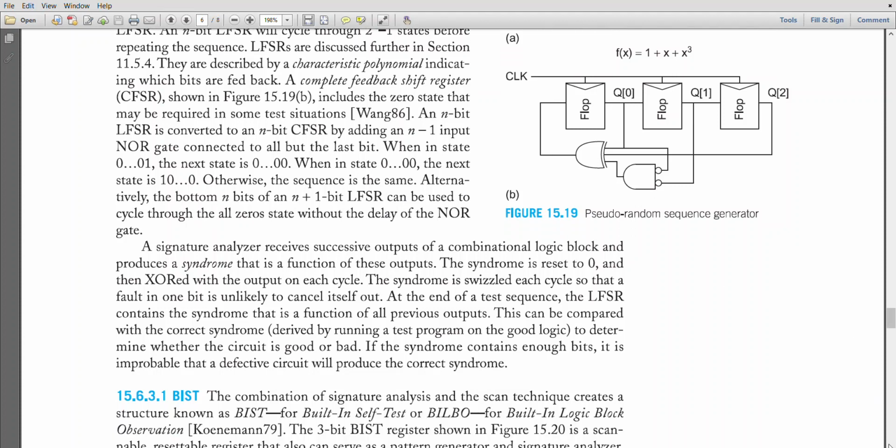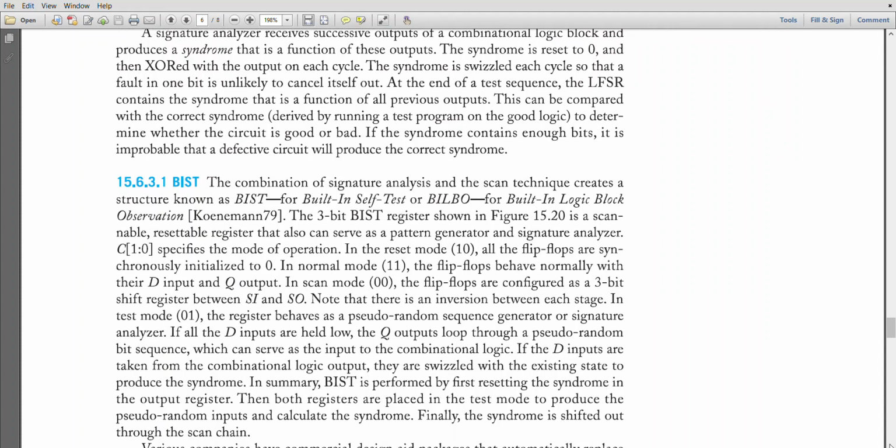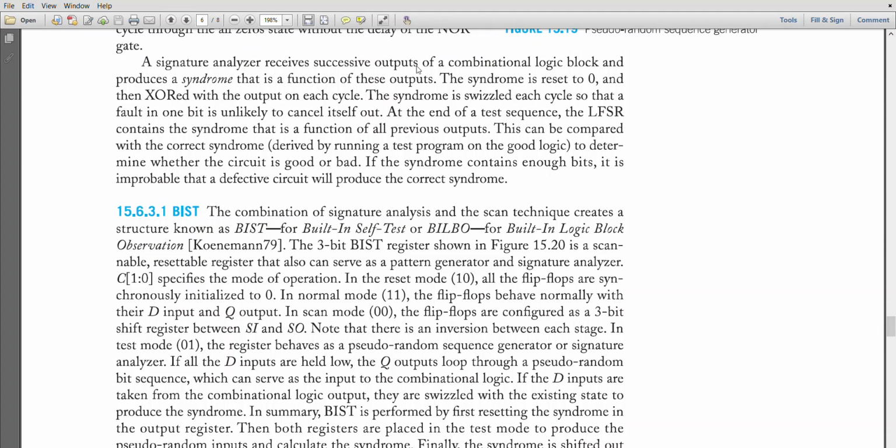Okay, so a signature analyzer receives successive outputs of a combinational logic block and produces a syndrome that is a function of these outputs. The syndrome is reset to 0 and then XORed with the output on each cycle. The syndrome is swizzled each cycle so that a fault in one bit is unlikely to cancel itself out.